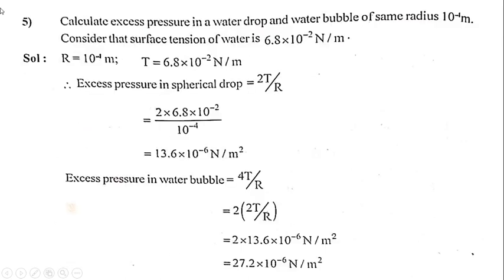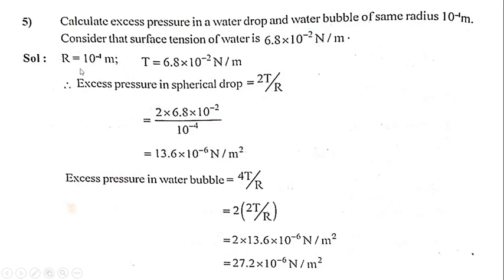Now see, calculate the excess pressure in a water drop and a water bubble of the same radius, 10 raised to minus 4 meter. Consider that the surface tension of water is 6.8 into 10 raised to minus 2 Newton per meter.